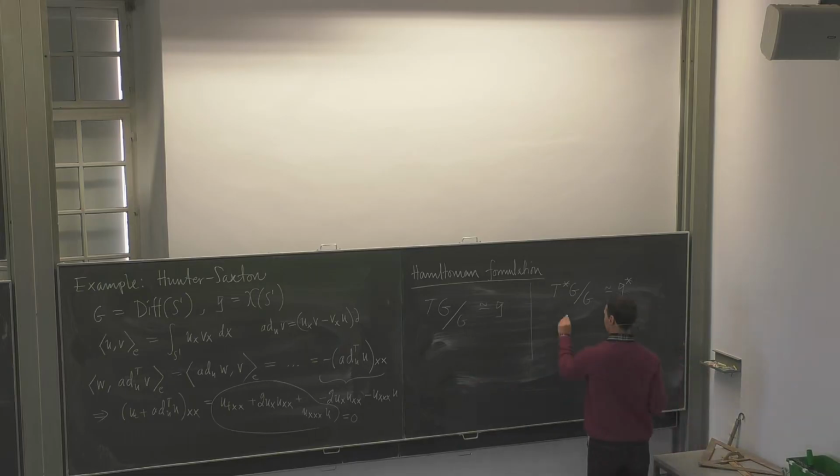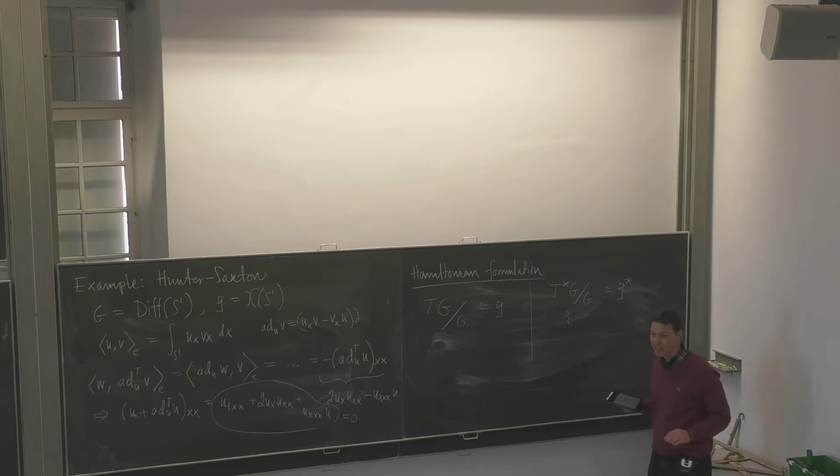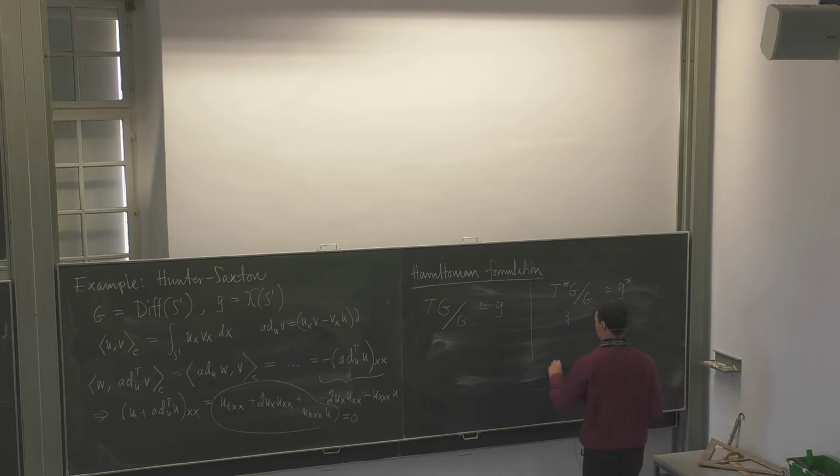Now I'm skipping a little bit, but maybe I should just write down what the Poisson structure is, because if you take the dual of any Lie algebra, there's a natural Poisson structure called the Lie-Poisson structure. To write it down, I take two functions f and g on this space g*, and I evaluate them at some point m in g*.